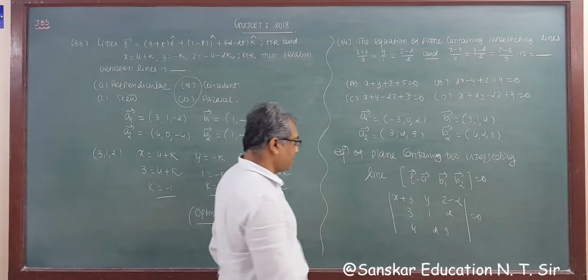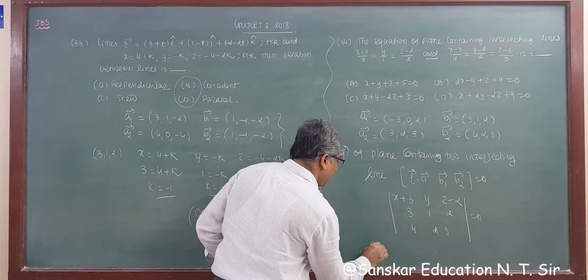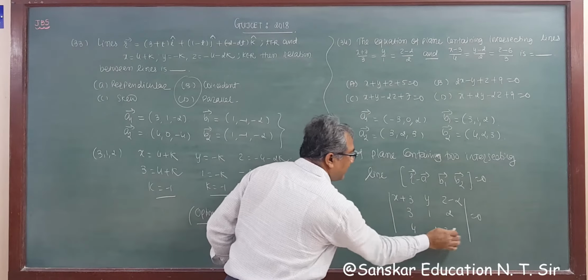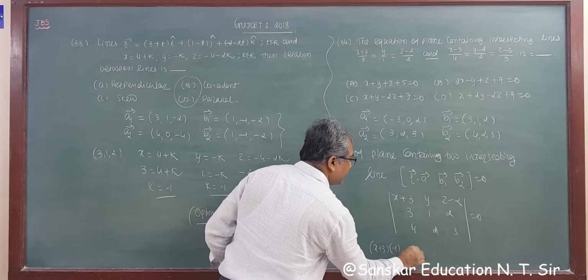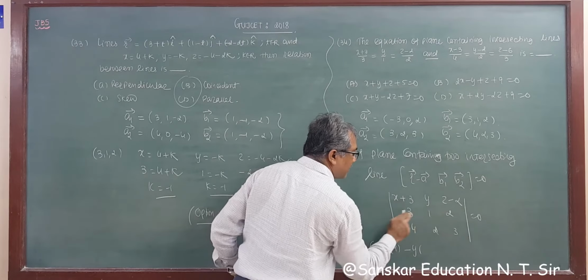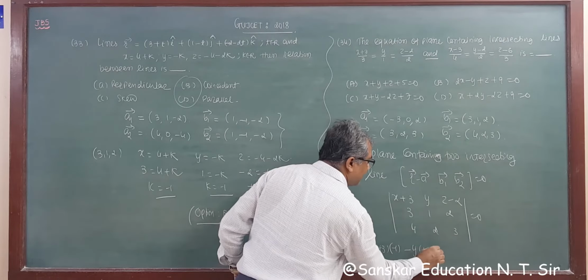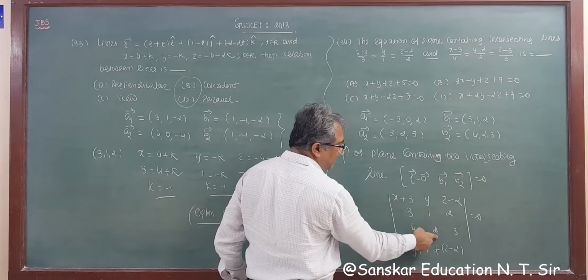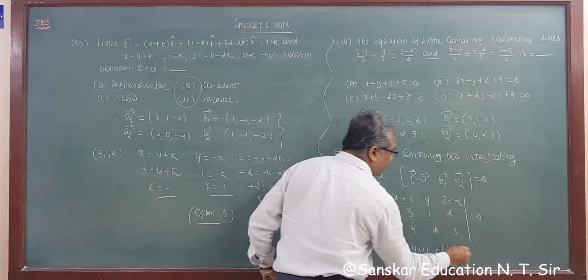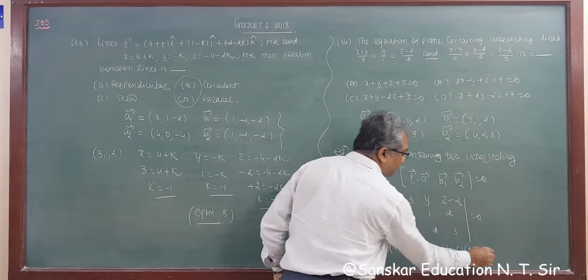So expanding this, what do we get? This is x plus 3 times (3 minus 4), which is minus 1, minus y times (9 minus 8), which is 1, plus z minus 2 times (6 minus 4), which is 2, equal to 0.